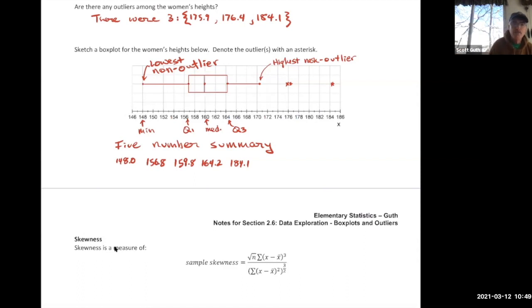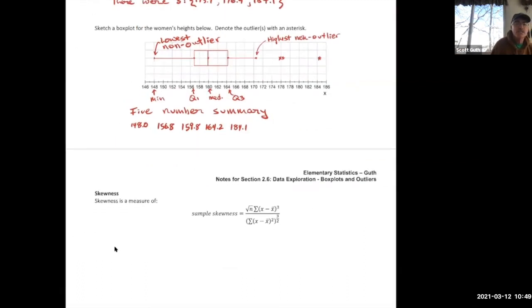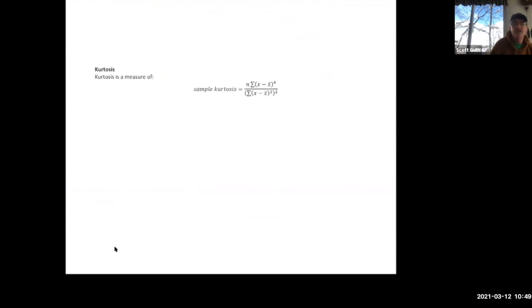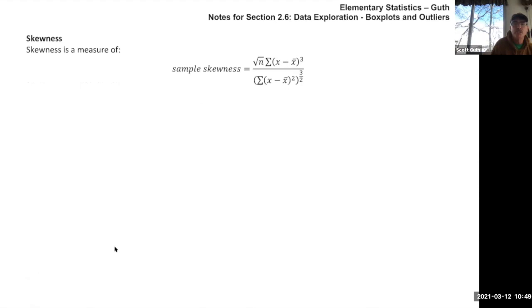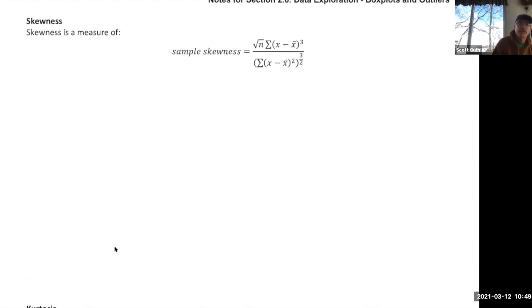Okay, there's a couple of other statistics that I have in this section, and I'm going to give the formula. I don't think I'll have you compute these ever because they're a little bit of a pain to compute, but these words come up in the book. There's a statistic called skewness. There's a sample skewness, and there's also a population skewness.